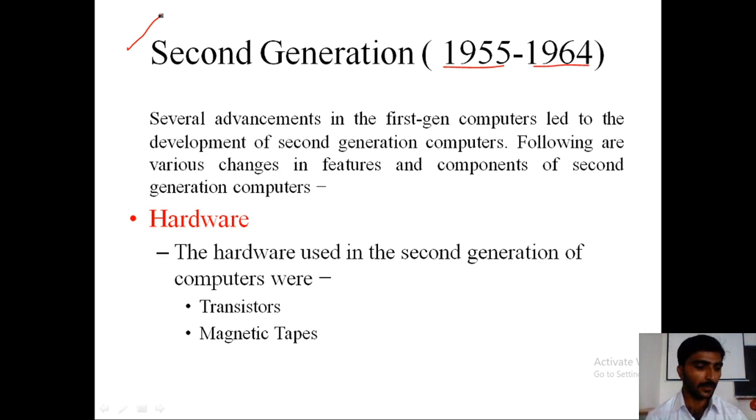Now let us discuss the second generation computers. In second generation computers, several advanced technologies were used: transistors as the hardware, and magnetic tapes for data storage.